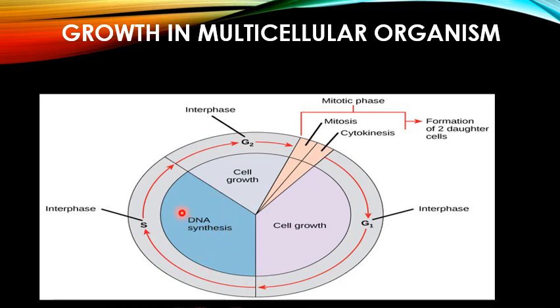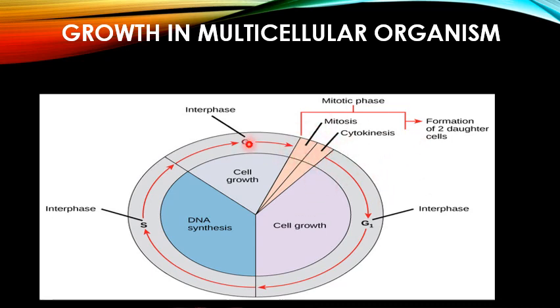Some cell organelles also get duplicated as the cell enters the G2 phase, and the cytoskeleton provides a source for the mitotic phase.